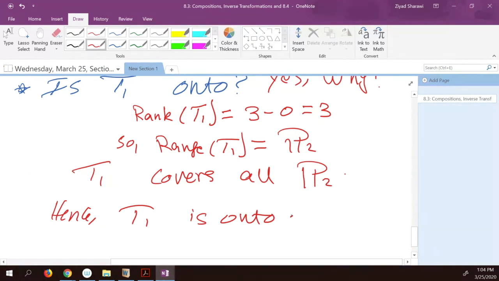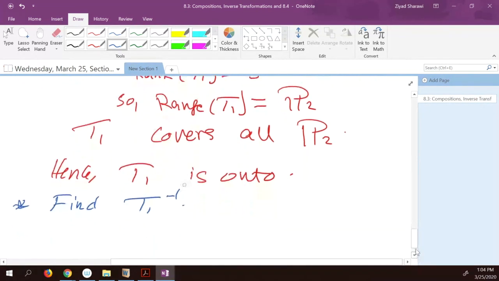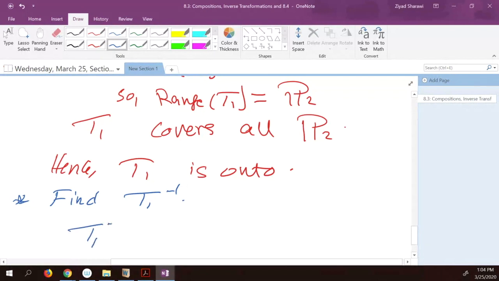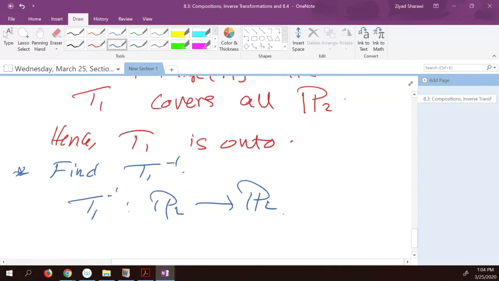Okay, now it is 1-to-1 and it is onto, which means I can ask you here, find T1 inverse. It is 1-to-1, it is onto, so it's invertible. So it means T1 inverse is going to be from P2 to P2. And my question now, find a formula for this.